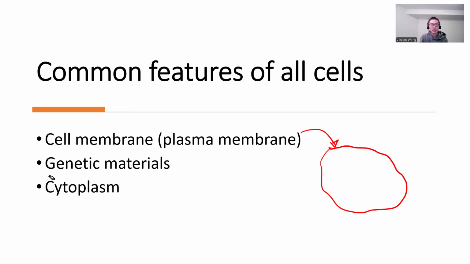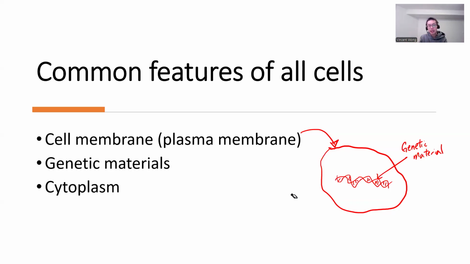Another common feature of cells is that they all have genetic material. Genetic material would be in the form of DNA, nucleic acid. There we go, some DNA right here. That's the genetic material, because the genetic material basically is the blueprint for making the cell. It contains all the instructions that are necessary for the cell to function properly.